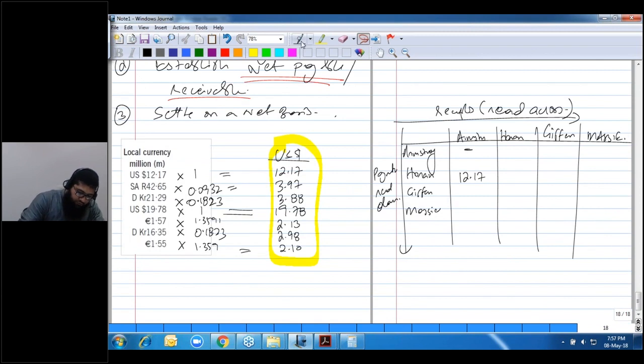Now see, the first transaction was Armstrong who had to pay to Horan. Payments need to be read downwards and receipts need to be read across. So Horan has to receive from Armstrong. Next, Horan has to pay to Messi. How much does Horan have to pay to Messi? It's $3.97.